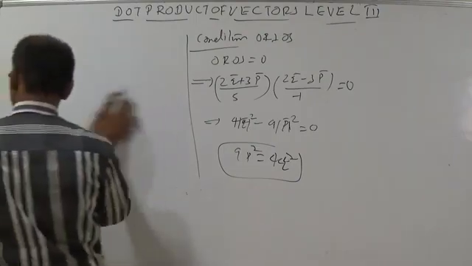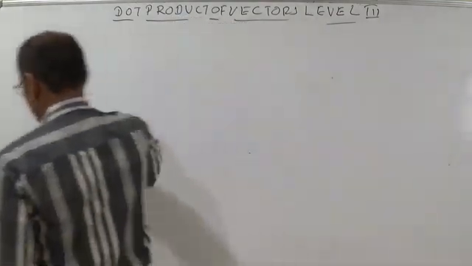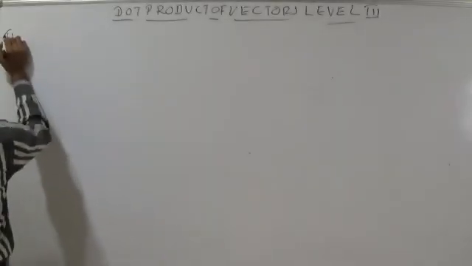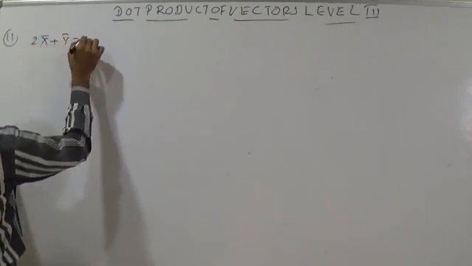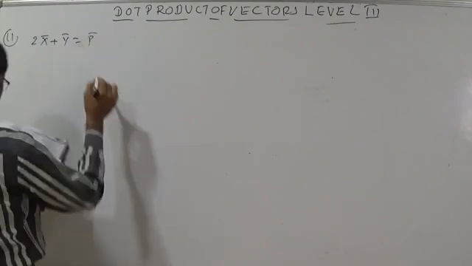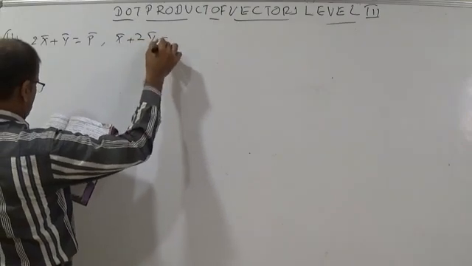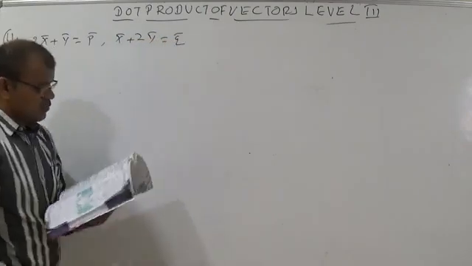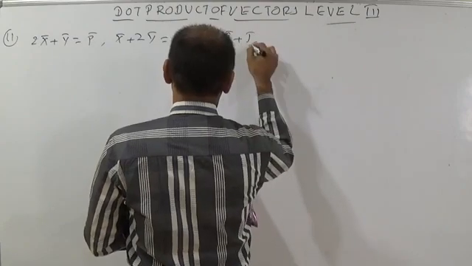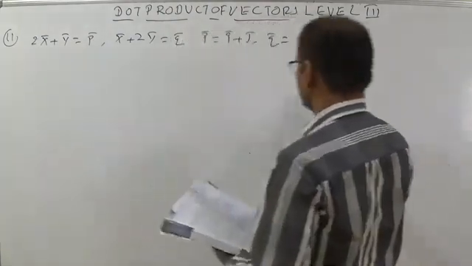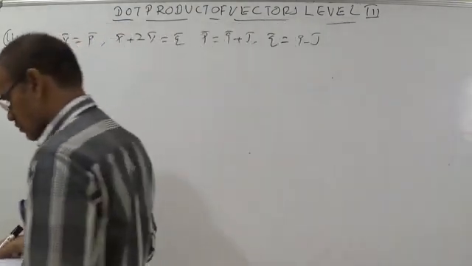The vectors X and Y satisfy the equations 2X plus Y is equal to P bar, and X plus 2Y is equal to Q bar, where P bar is the vector I plus J, and Q bar is the vector I minus J.